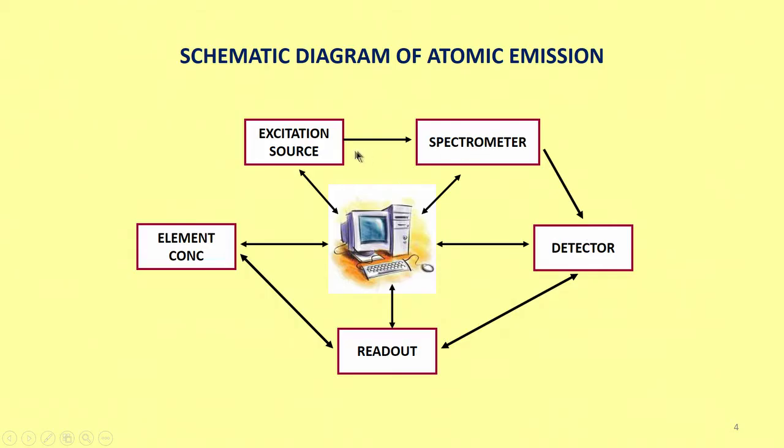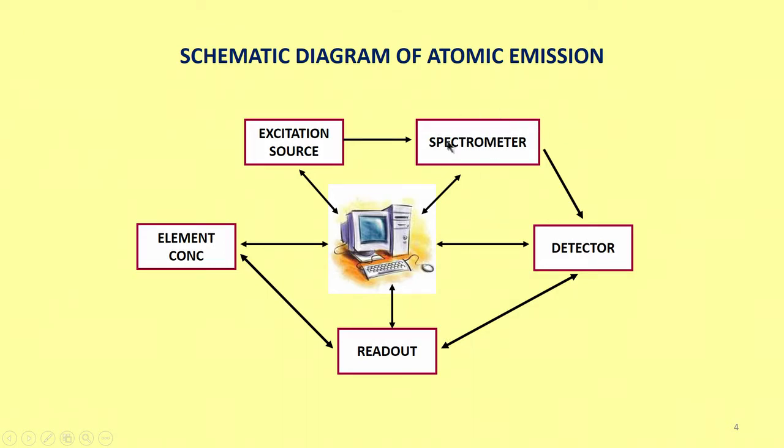So, the excitation source is one component of the inductively coupled plasma spectrometer. A spectrometer should have an excitation source, and then I need to put the sample in the excitation source and pass the electromagnetic radiation through that sample, and that equipment is known as a spectrometer.